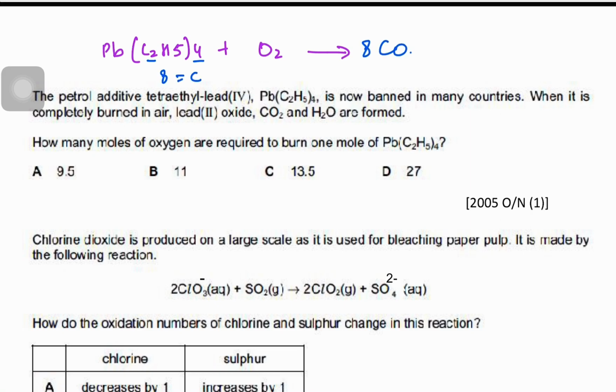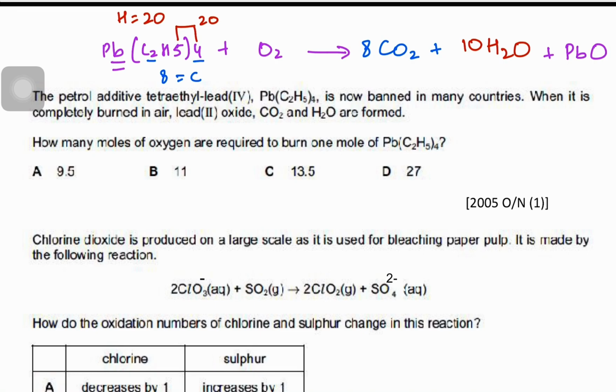So 8 carbon dioxide. How many waters can be made? So 5 times 4 is 20. So you get 10 waters because 20 hydrogens can give you 10 waters. And you're also getting lead oxide, right? So you also get lead oxide PbO because there's 1 lead, so 1 lead oxide. Let's count the number of total oxygens needed.